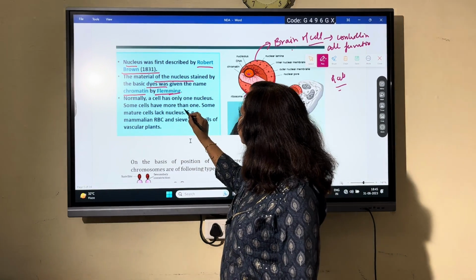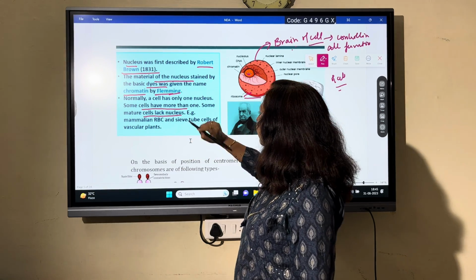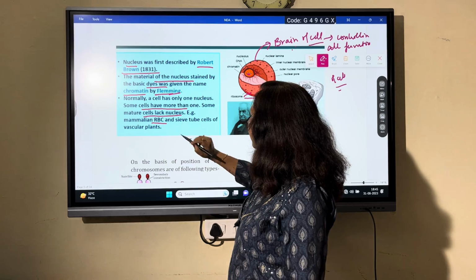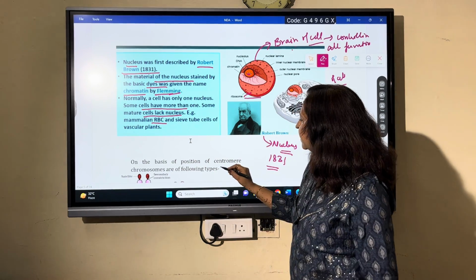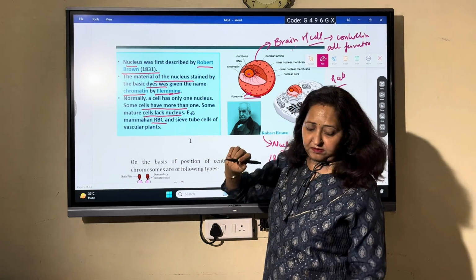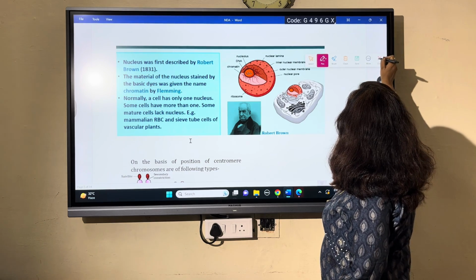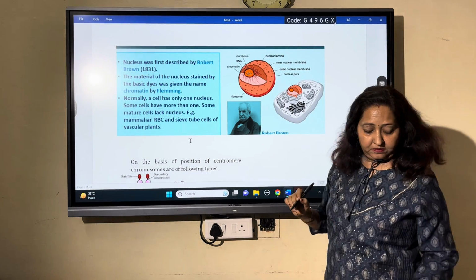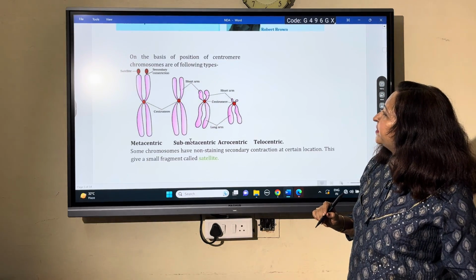And the nucleus has some cells, like mammalian RBC, which lack it. Inside the nucleus genetic material is present. What is present inside the nucleus?